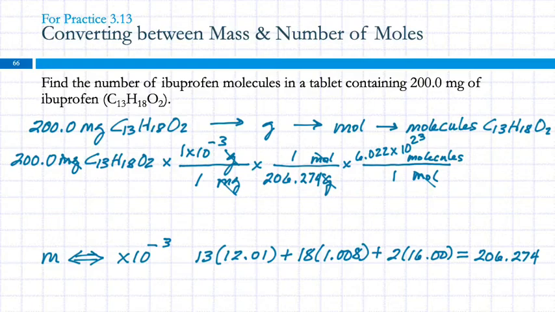Okay, so on my calculator, I'm going to take 200 times 1 EE negative 3, and I'm going to divide by 206.274, and I'm going to multiply by 6.022 EE 23, press equals, and this is what my calculator shows me: 5.83883572 E20.